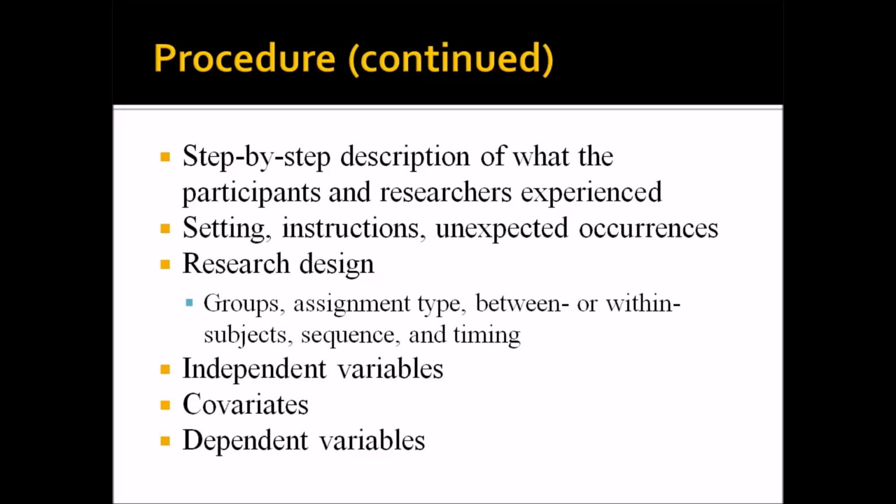For example, if you were delivering, say, 5 instruments that took an hour and a half, and you were only reporting on the last instrument that was given, well, the fact that the participants had all that time taking the 4 instruments prior to the one you're reporting on, that could have an impact on how they scored on the last instrument. There's a testing effect. So we need to report all the dependent variables regardless of whether they're included in the current manuscript.